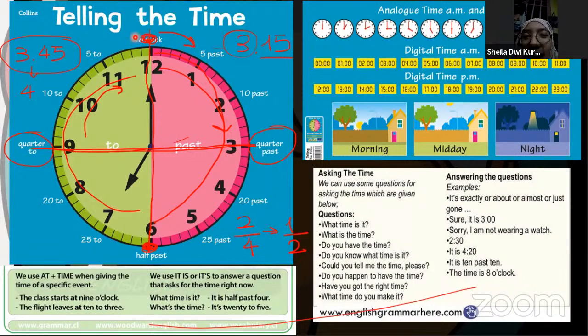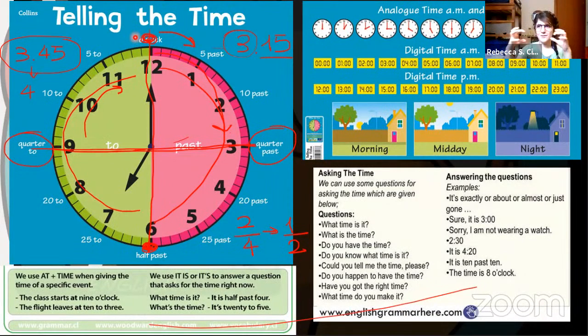Imagine a longer sentence that would say something like, there are 5 minutes left to reach 9.